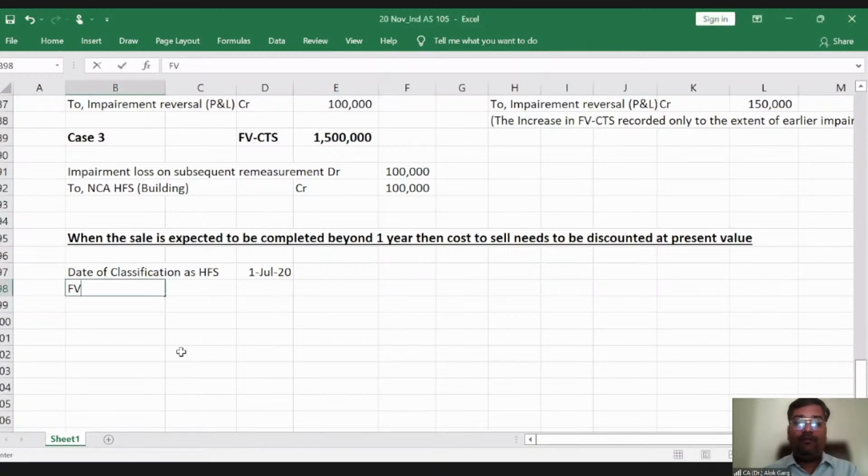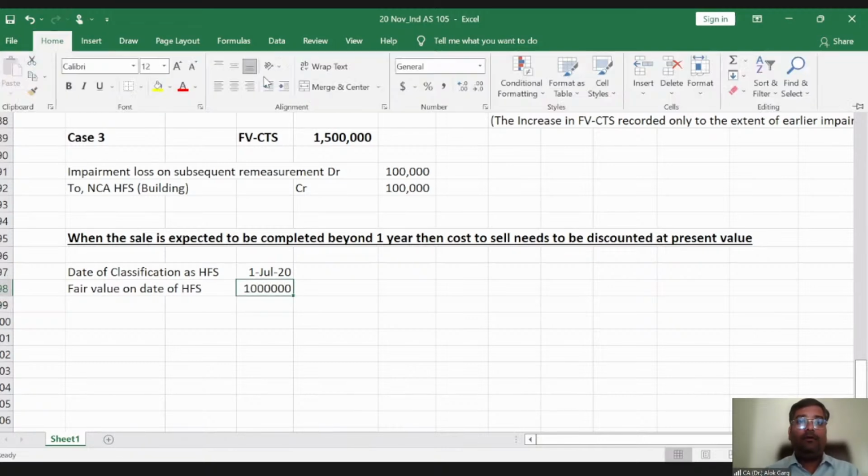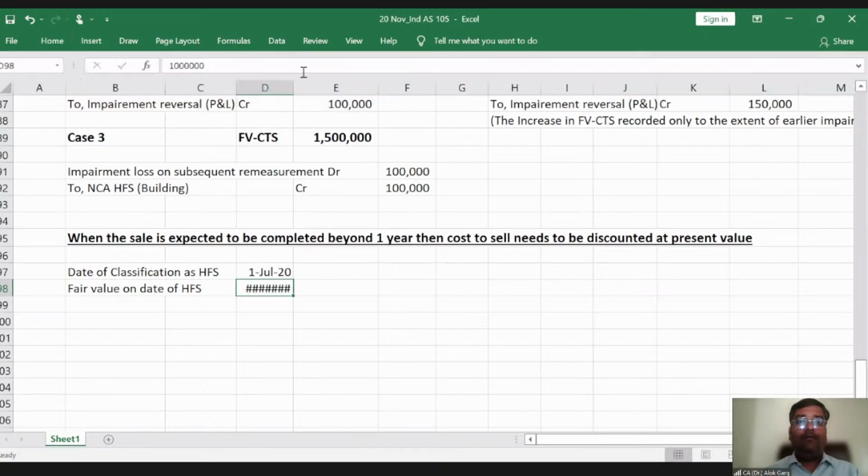Fair value on the date is, for example, 10 lakh rupees. Fair value is 10 lakh rupees, right?